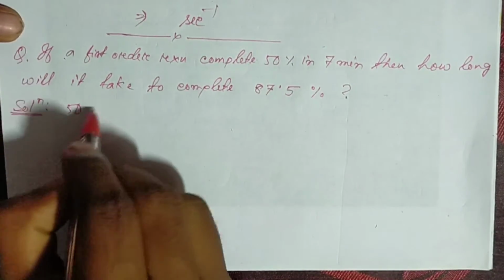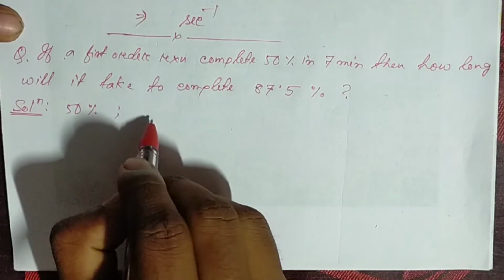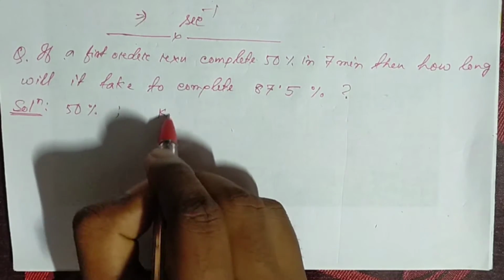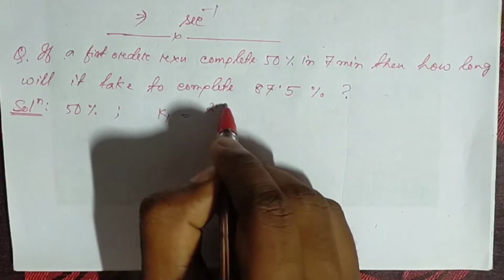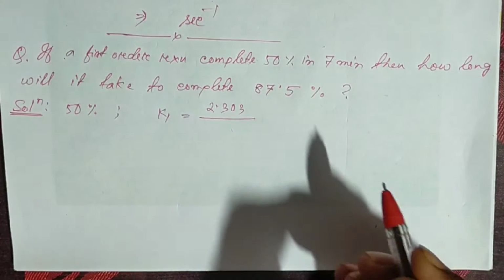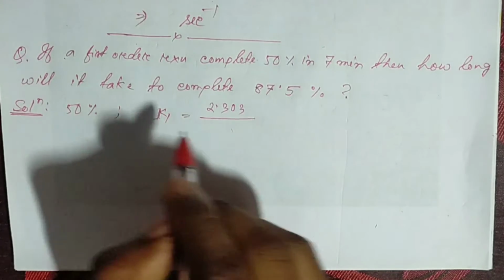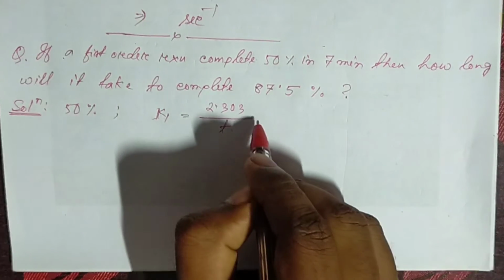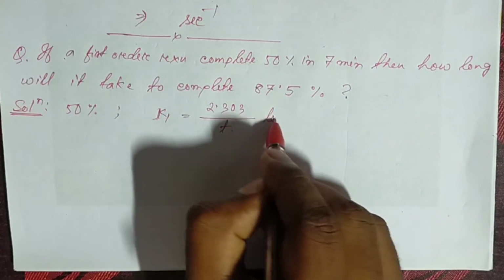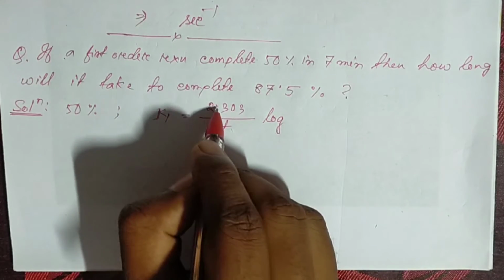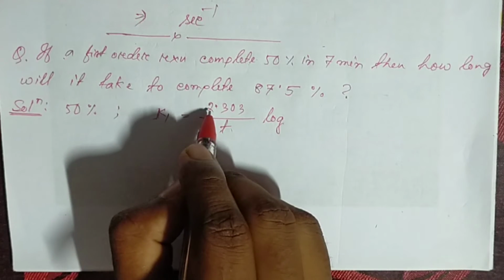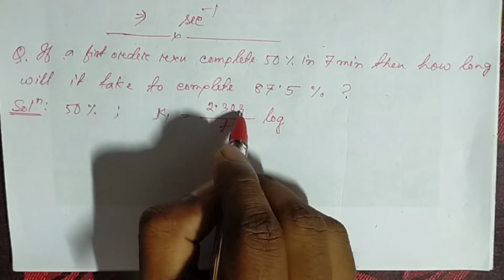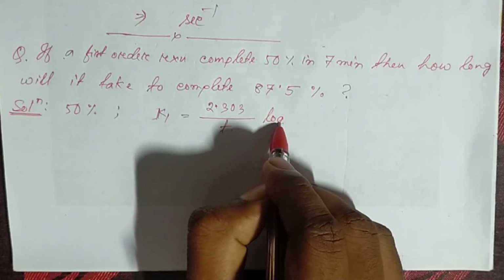So for 50%, k1 is equal to 2.303 by t, and it will be log, as I am writing 2.303. If I do not write 2.303, then it will be ln.